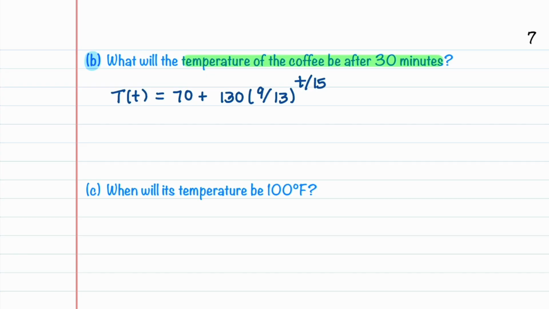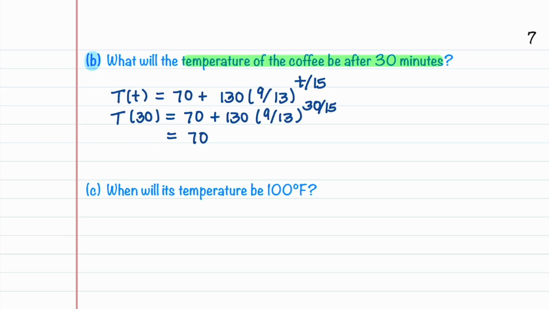To find the temperature after 30 minutes, we're going to let our time t be equal to 30. So this is T at 30 is equal to 70 plus 130 times 9 over 13 to the 30 over 15.